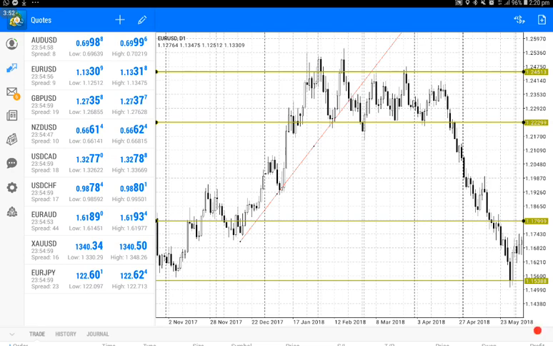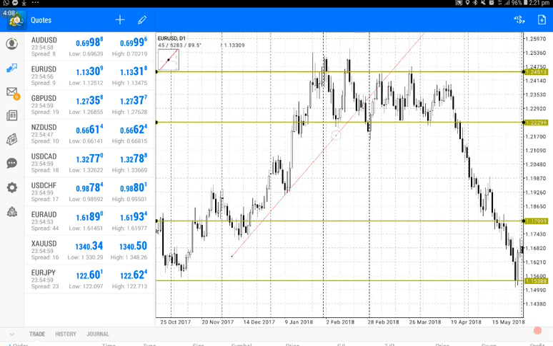Now, how do we trade trend lines? To trade trend lines, the first thing you need to do is to draw the trend line. When you draw the trend line, like we have done here, you see that the trend line respects both.